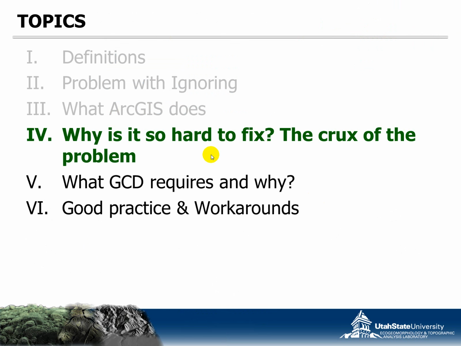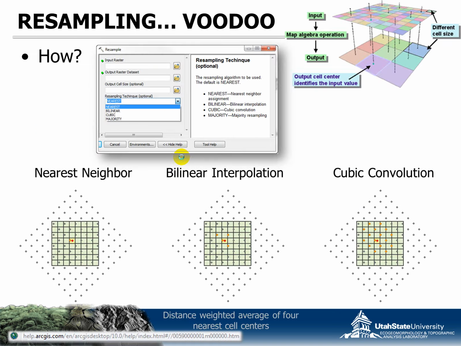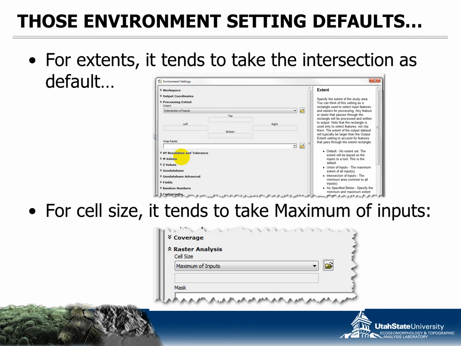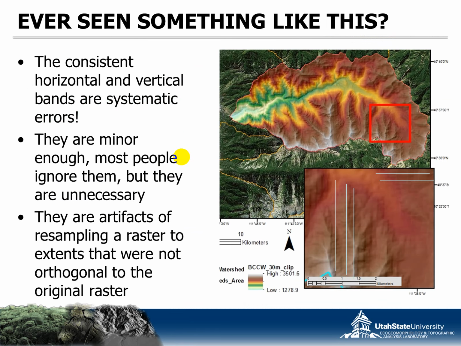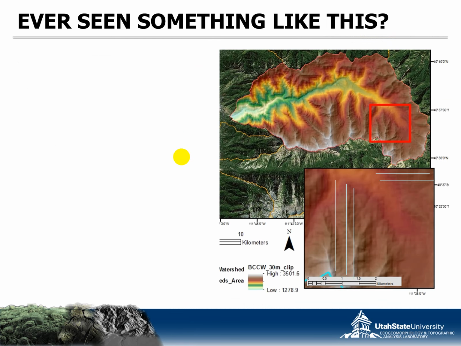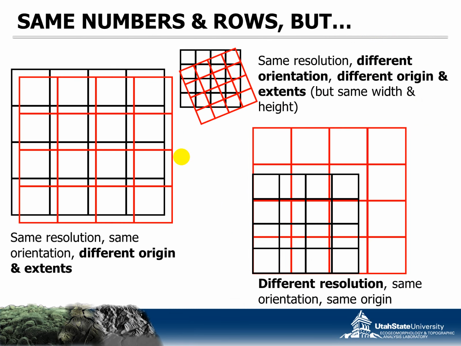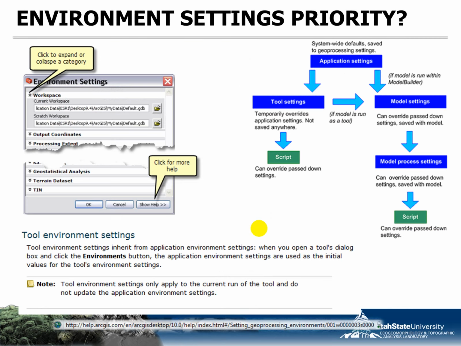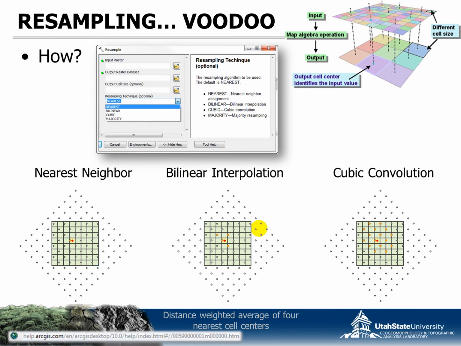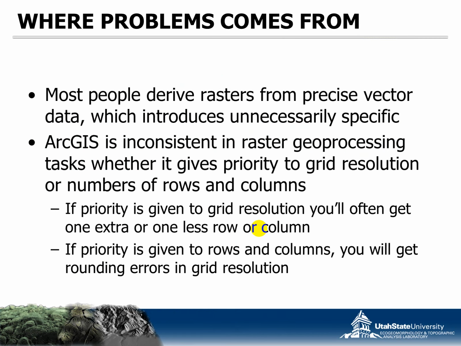And so what happens is you get these non-concurrent rasters, and oftentimes the examples aren't as extreme as, say, something that I may have shown you in these examples. They're often not quite as bad as this, but the examples are often very subtle, so subtle that sometimes you won't even notice.